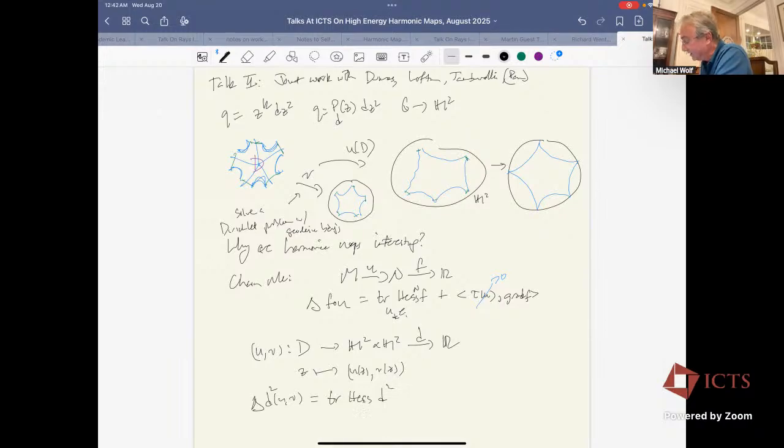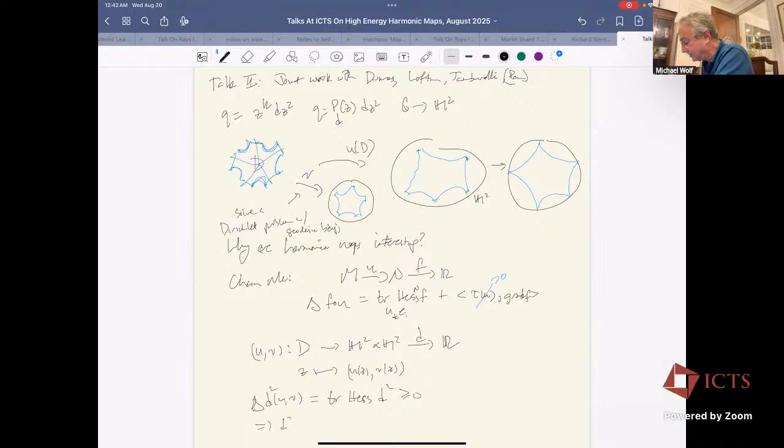But the trace of the Hessian: I'm in a non-positively curved space, so the Hessian of distance squared is positive semi-definite. I take a trace, and so this is going to be greater than or equal to 0.